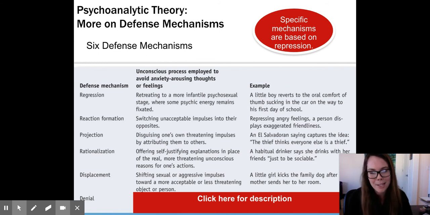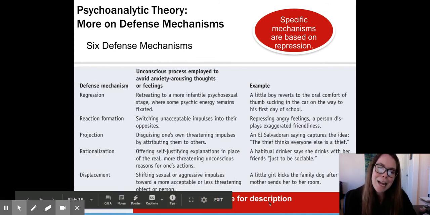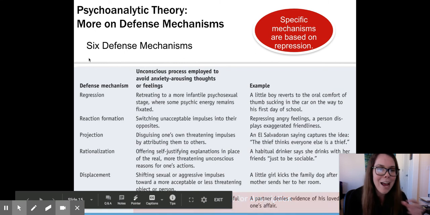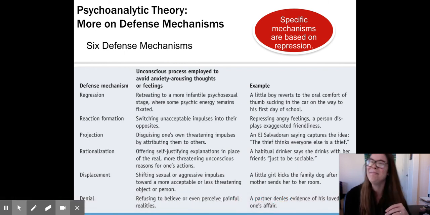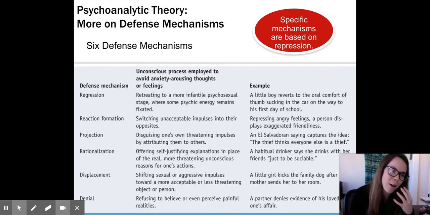So again, displacement. And then last but not least, my favorite, we have absolute denial. Pleading the fifth. So refusing to believe or even perceive painful realities. People, especially with cheating, right, in a relationship. So a partner denies evidence of his loved one's affair, even if he may already have evidence.